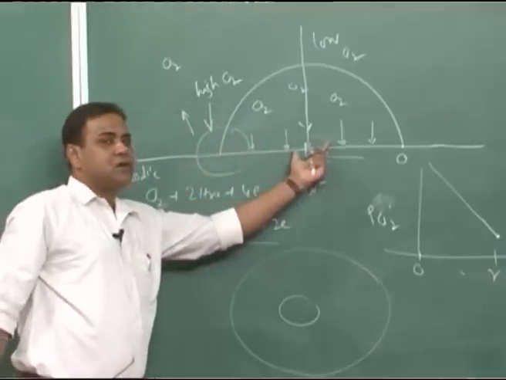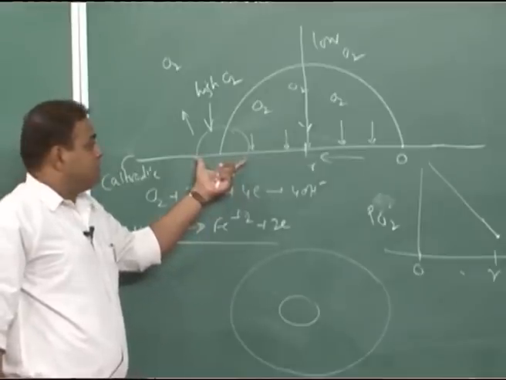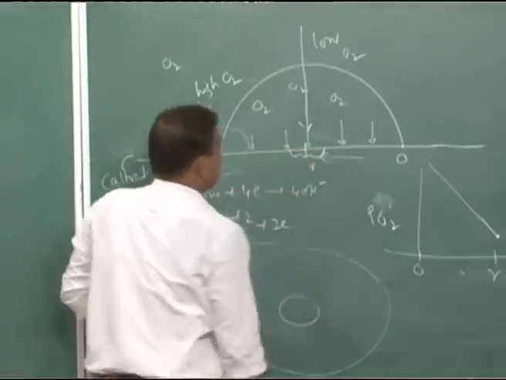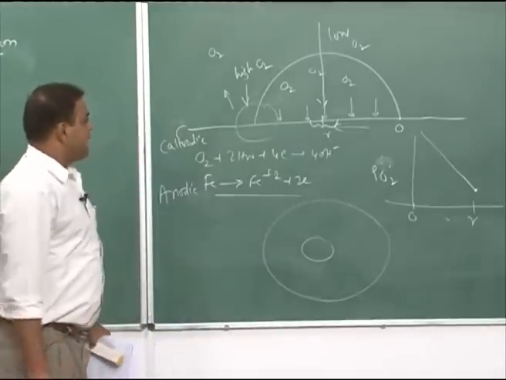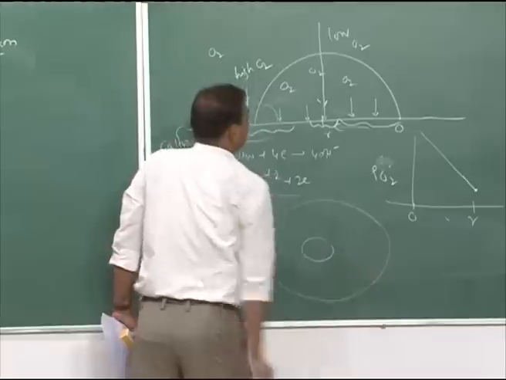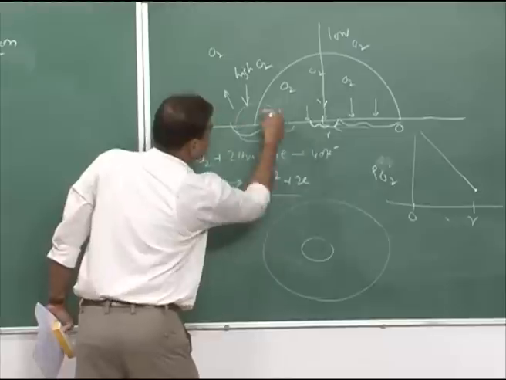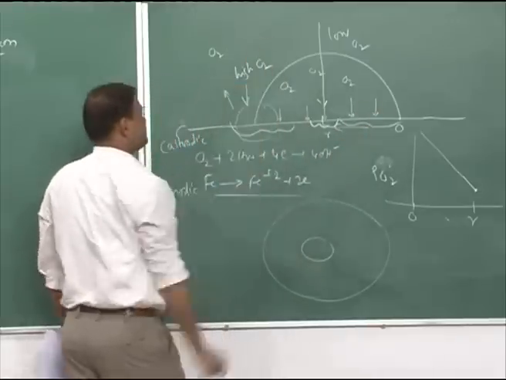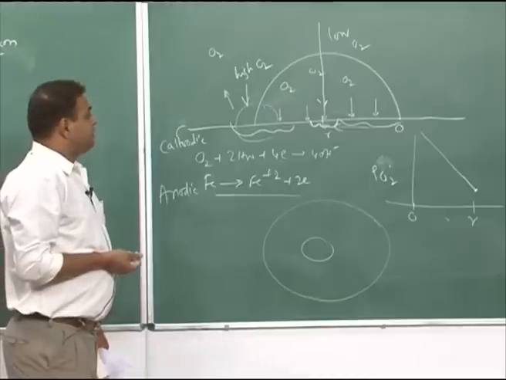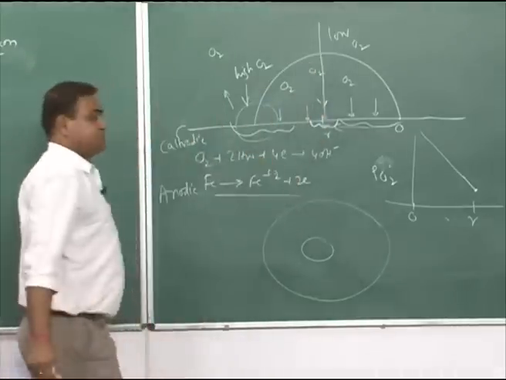So, this part would act as anode and this part would act as cathode, and this is a narrow section. This narrow section would be cathode and the rest of the section would be anode. This section would be anode and the rest of the section would be cathode, since we have a higher oxygen level. So, now we have a differential aeration cell or concentration cell. Concentration cell is basically with regard to oxygen.